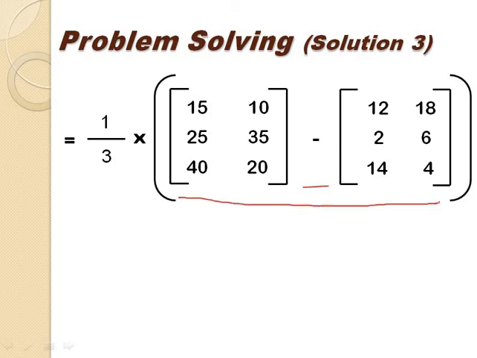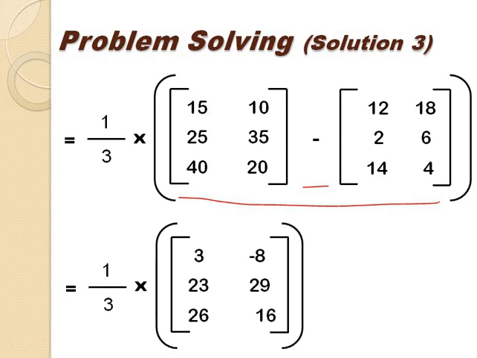This is addition, generally we can say addition or subtraction of two matrices. So what will happen? Corresponding elements will be added or subtracted.